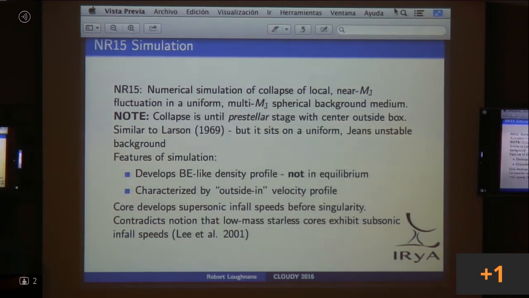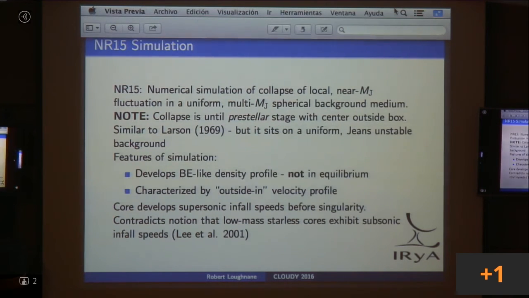So let's cover the simulation from Naranjo-Romero's paper, 2015. It consists of the numerical simulation of the collapse of a local near Jeans mass fluctuation in a many Jeans mass background medium. The background medium has a density of 10 to the 4 per cubic centimeter. What's important is that we don't consider the collapse past the protostellar construction, so there's no star produced in this simulation.